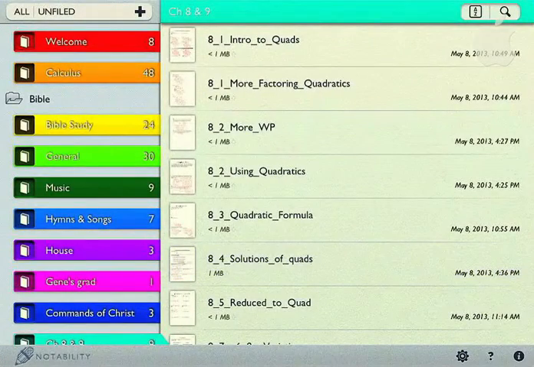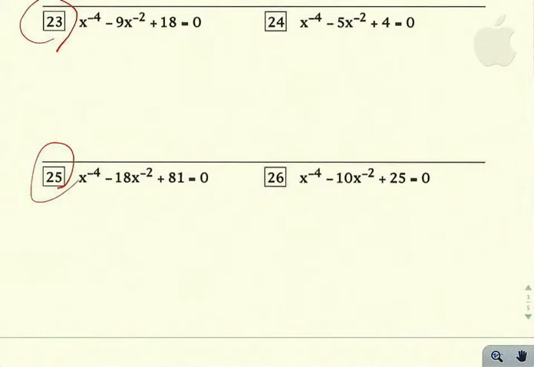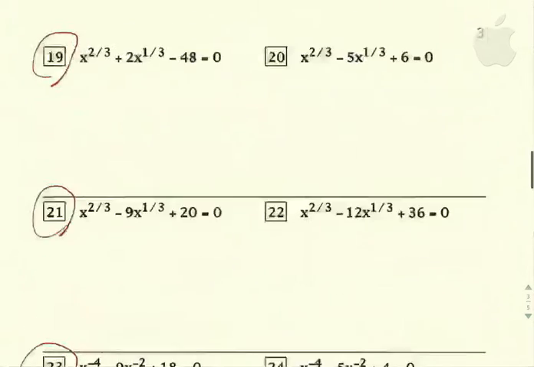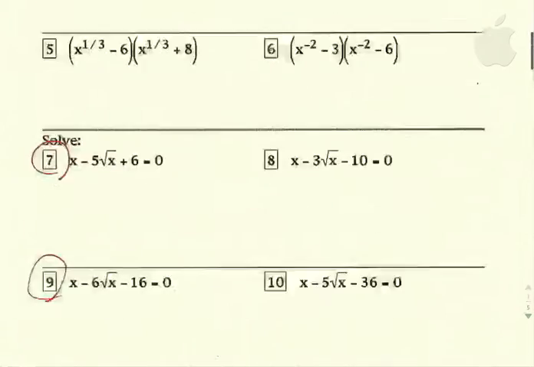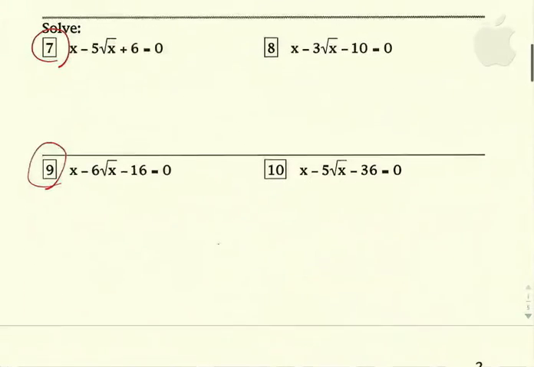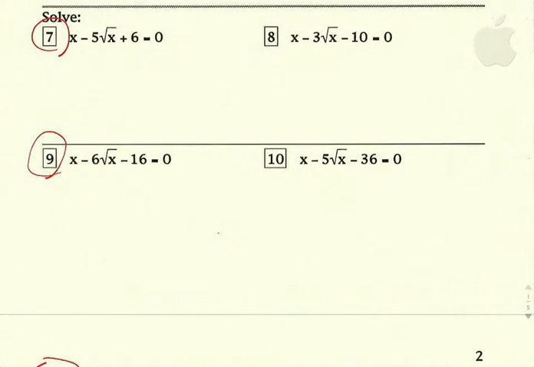Okay, let's move on to 8.5. And we want to start with number 7. And these are quadratic in form.